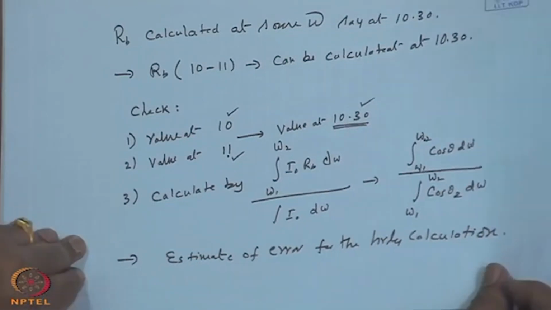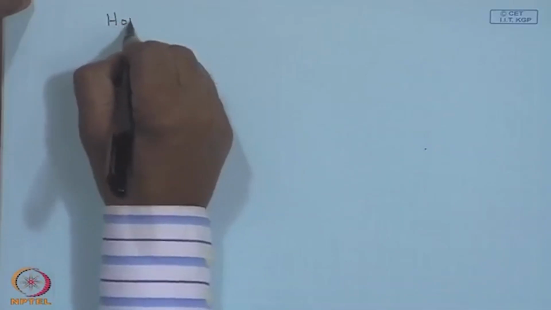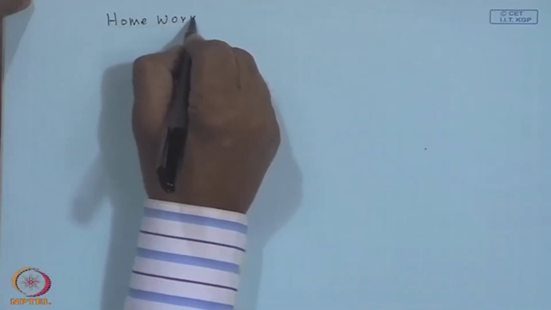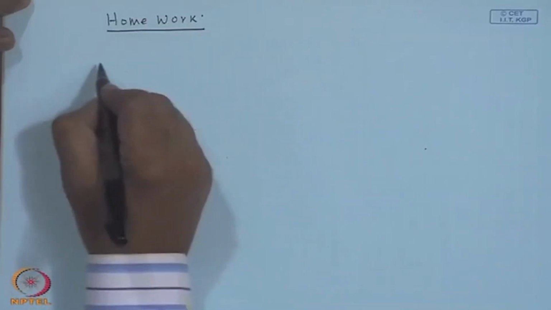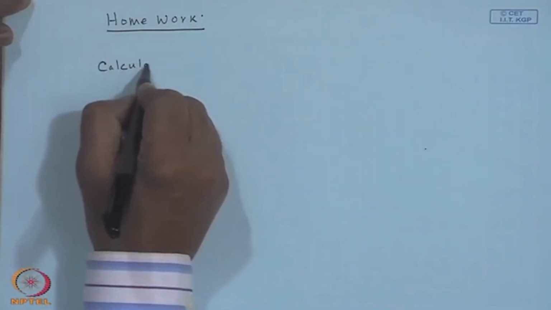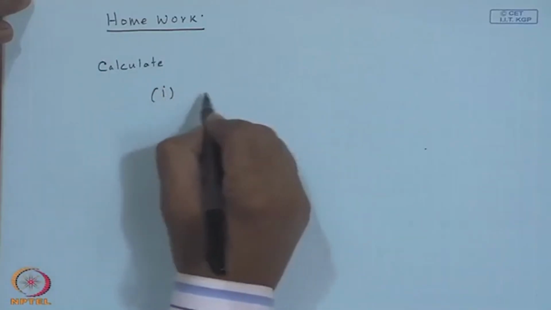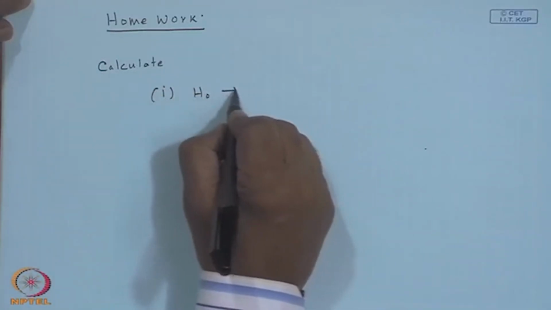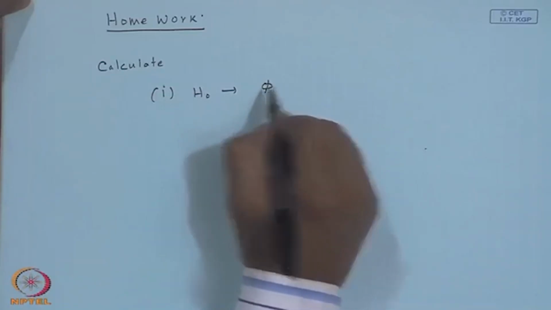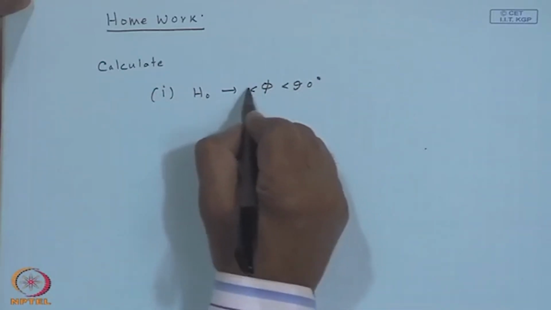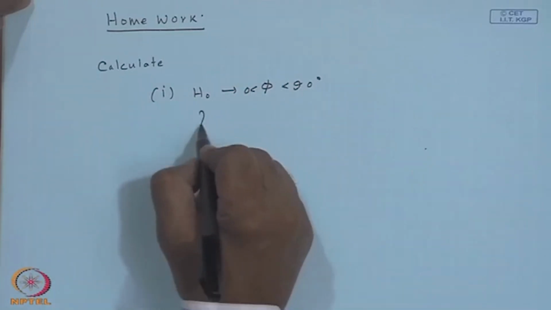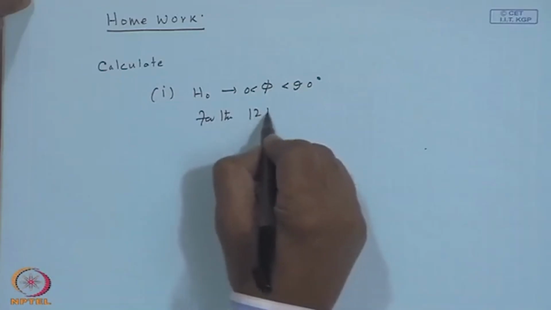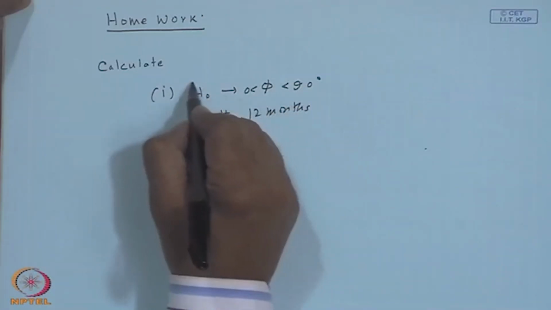Okay. So, these are the exercises which we can do, and as some sort of homework: 1, calculate H0 for phi 0 to 90 for the 12 months, let us say H0 bar.